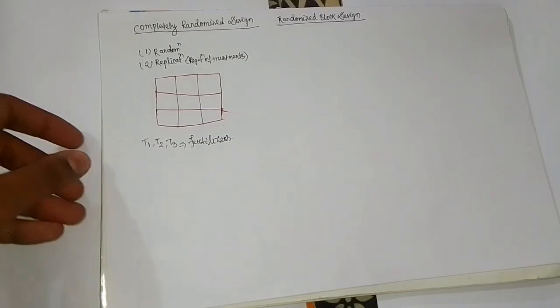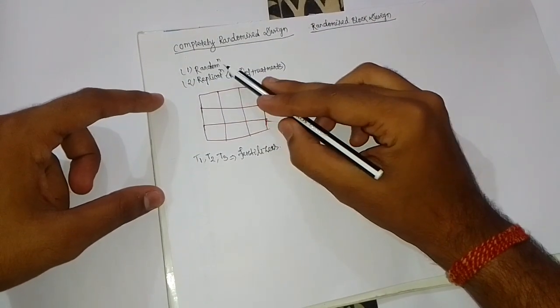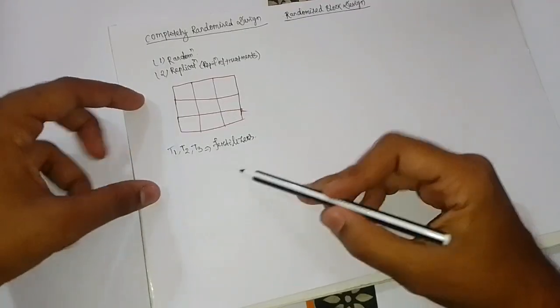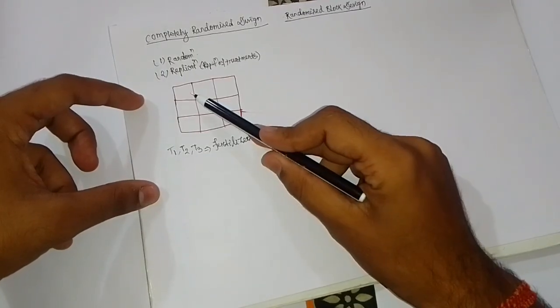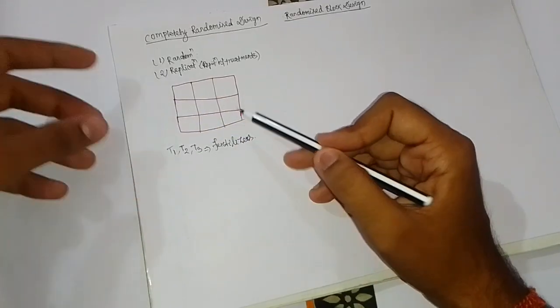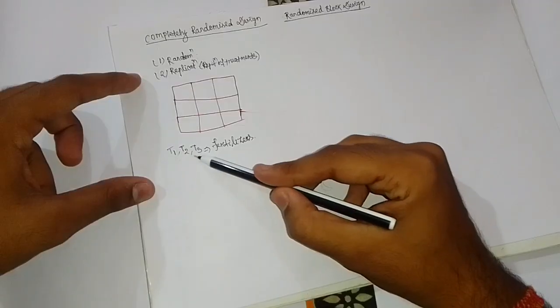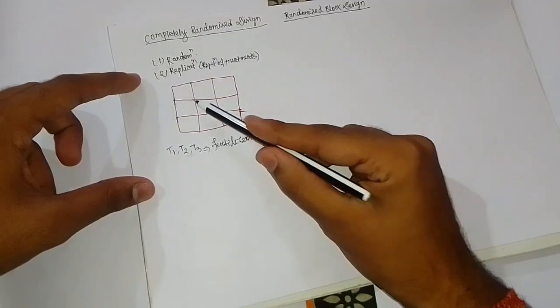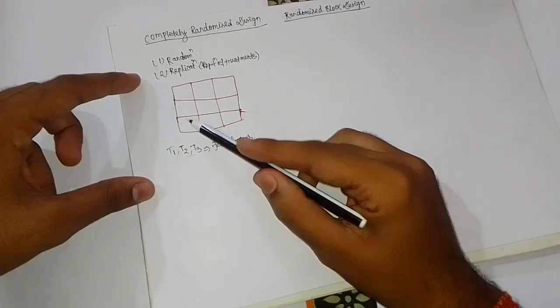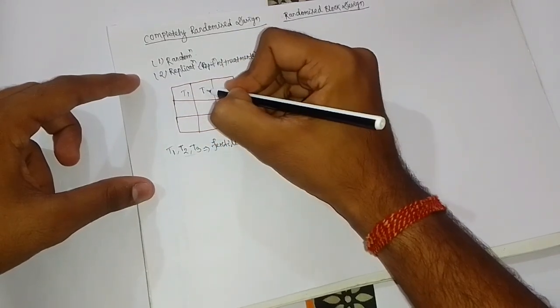In completely randomized design, our first principle is randomization. We have three treatments and nine blocks, that is, nine strata. Here we randomly assign these three treatments to the 9 blocks. Let me randomly choose treatment 1 here, treatment 1 here.